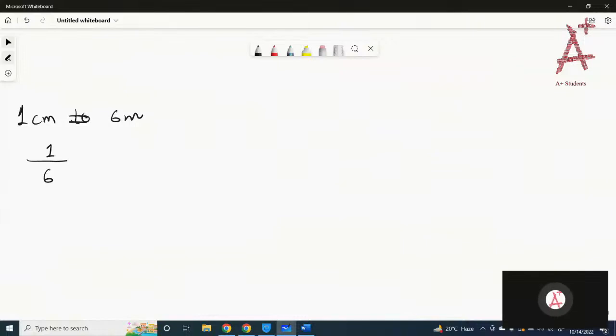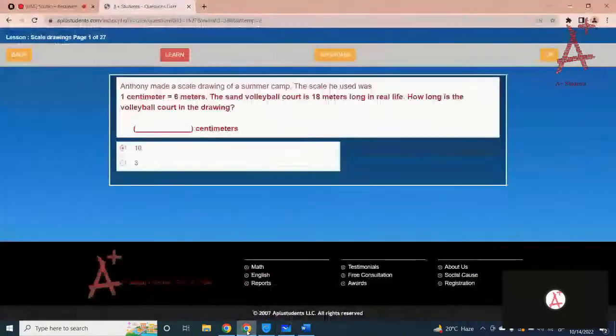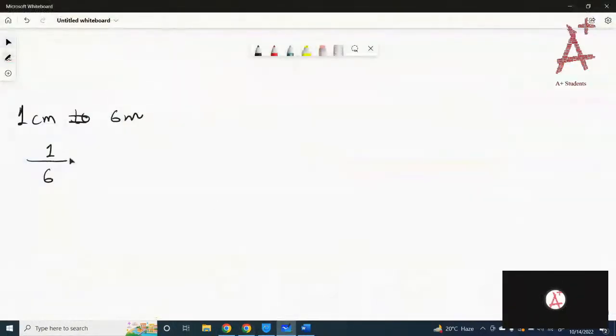Now we need to see: the sand volleyball court is 18 meters long in real life. How long is the volleyball court in the drawing? So you have to make 18 in the denominator. Got it? Because meters are in the denominator. So 6 times what number makes 18?